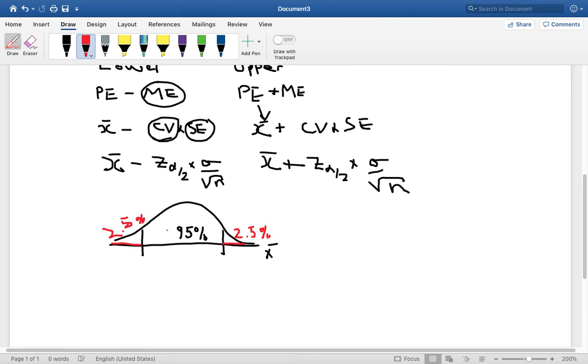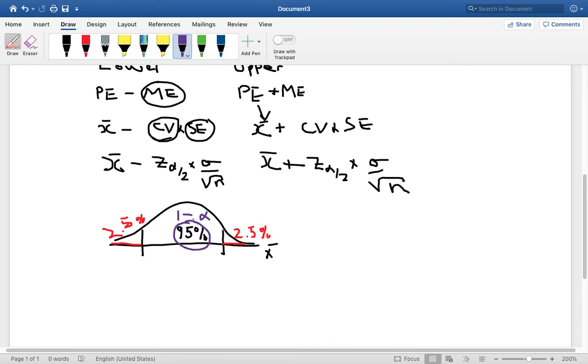Now, this is a specific case of a confidence interval, a 95% confidence interval. We didn't have to have a 95% confidence interval, so let me put a more generic form. A 95% confidence interval is made up of a 95% confidence level. And more generically, this confidence level I write as 1 minus alpha. So alpha in this case has to be 5%.